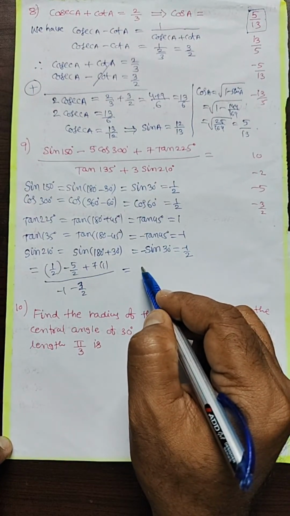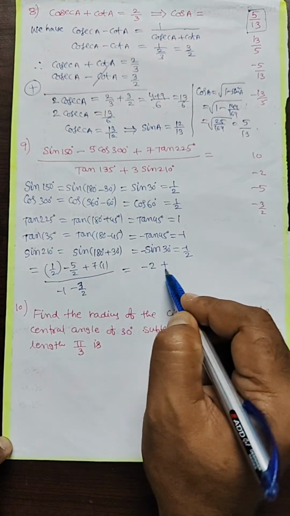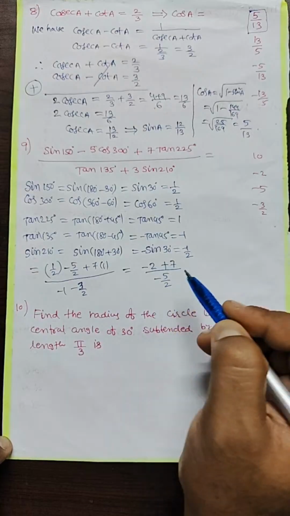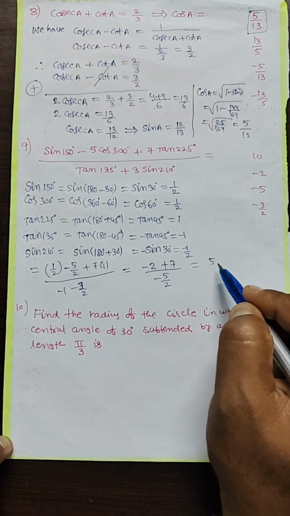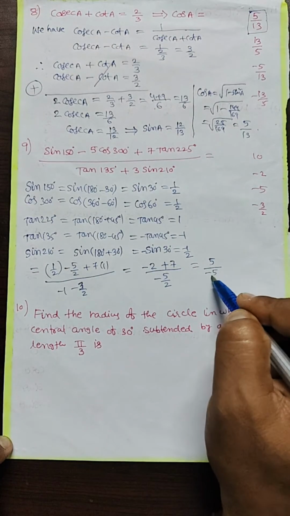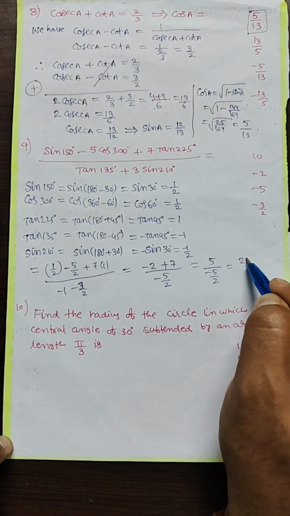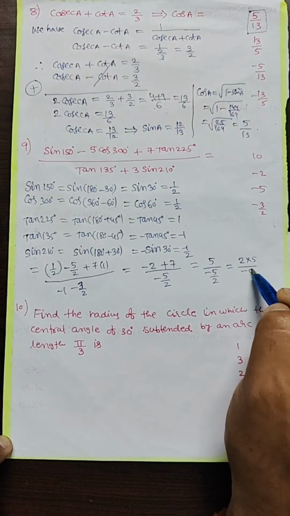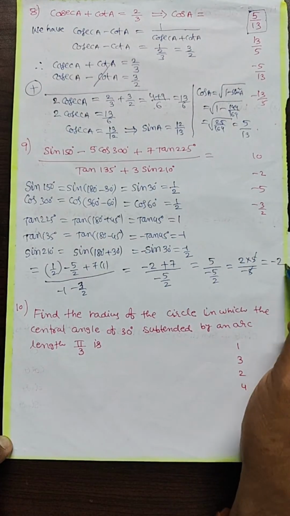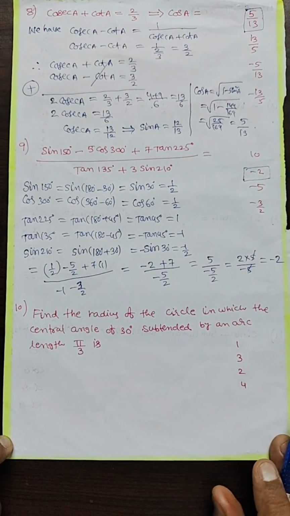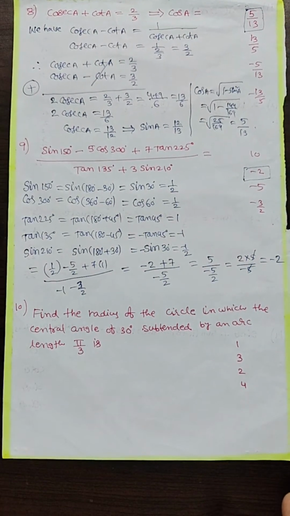Minus 4 by 2 means minus 2 plus 7 divided by minus 5 by 2. So which is equal to 5 divided by minus 5 by 2. So denominator of denominator goes to numerator. 2 into 5 divided by minus 5. So which is equal to minus 2. So minus 2 is there in the second option, dear students. I hope you understand.